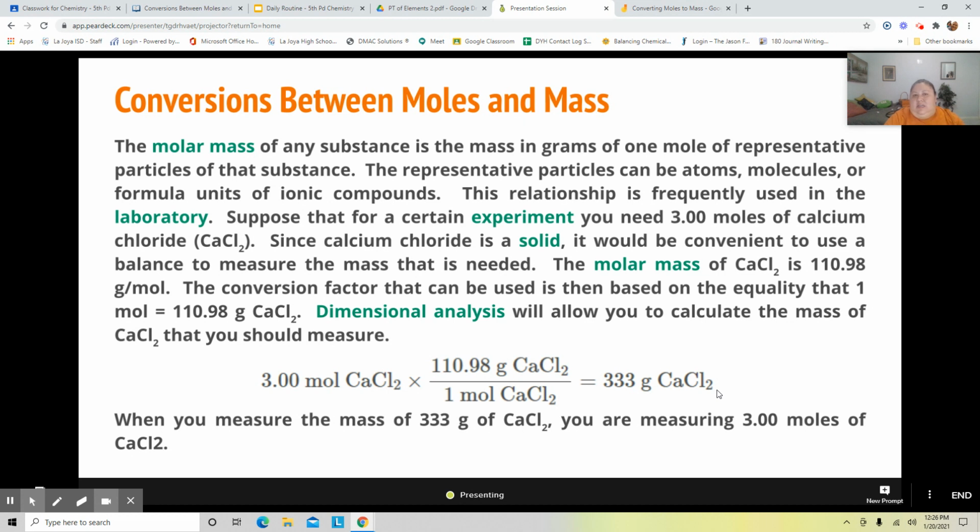You can use a calculator or your phone and prove that this is correct by just multiplying 3 times 110.98. And then it says here, when you measure the mass of 333 grams of calcium chloride, you are actually measuring 3 moles of calcium chloride. Just makes things simpler.